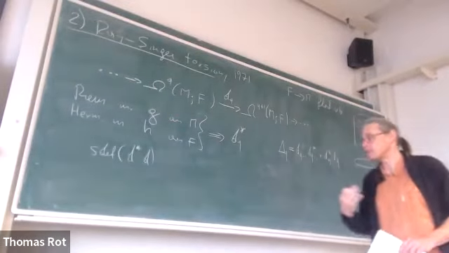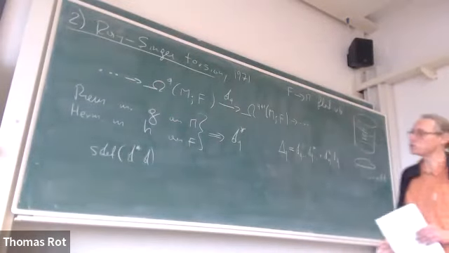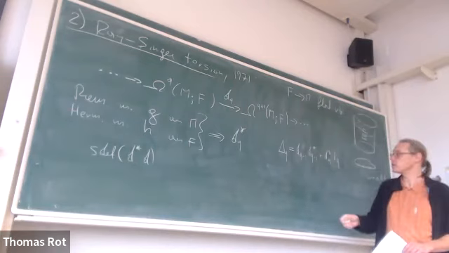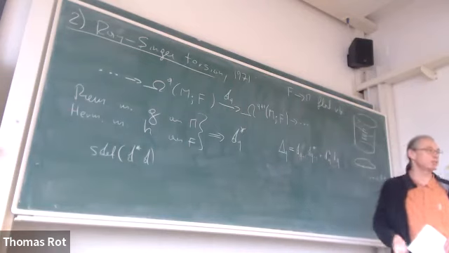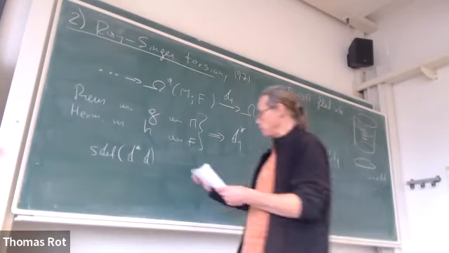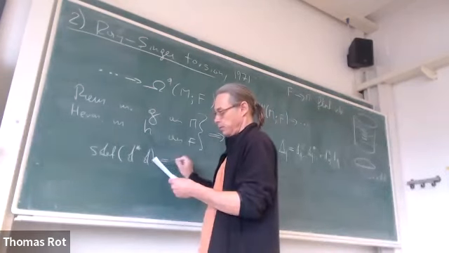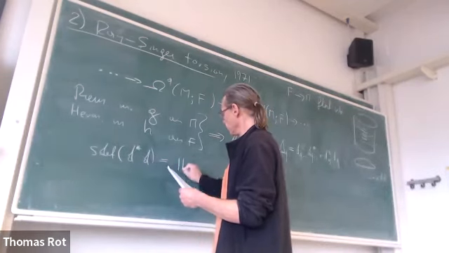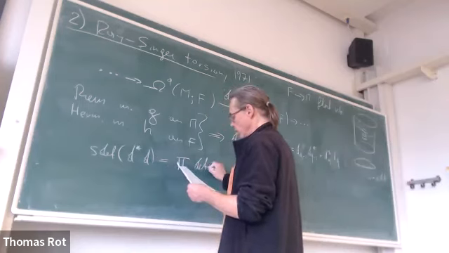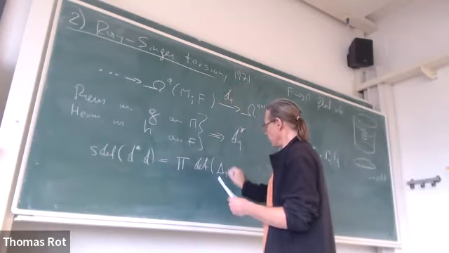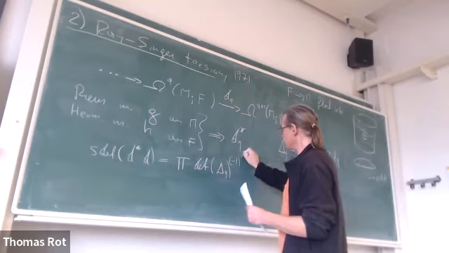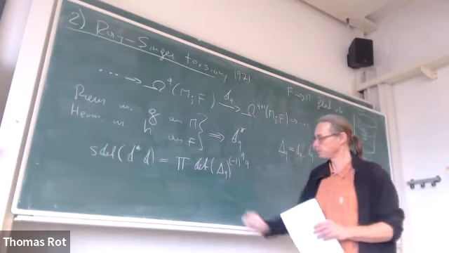But formally, this is what we would like to consider. And you can rewrite that in a simple way using these Laplace type operators. You can rewrite that as a product of the determinants of delta q to the power (-1)^q times q.